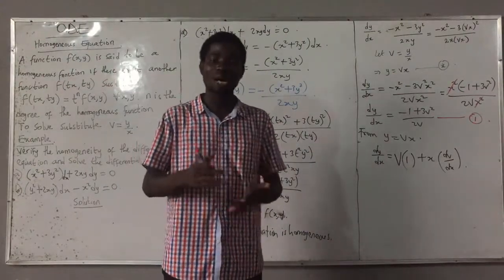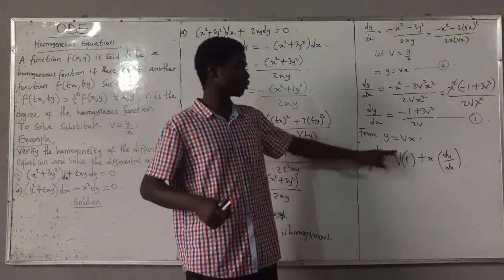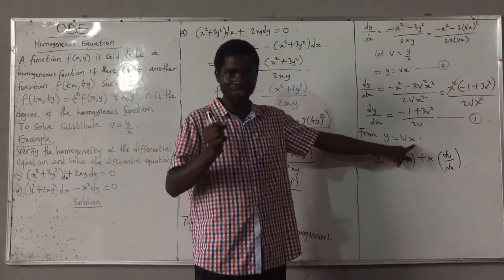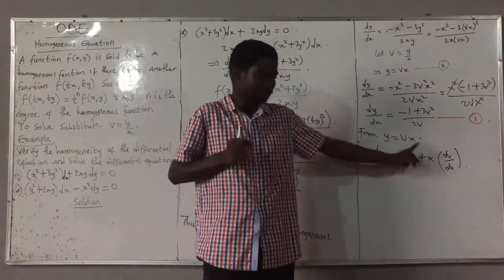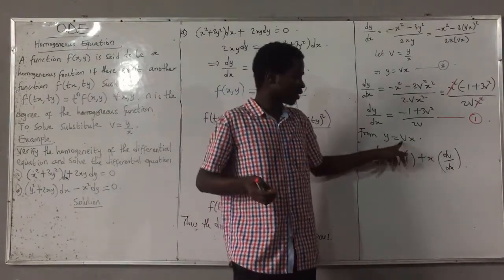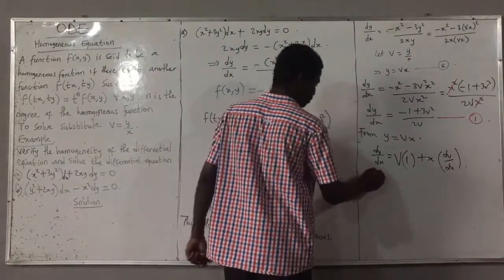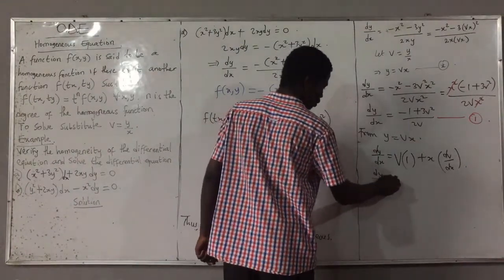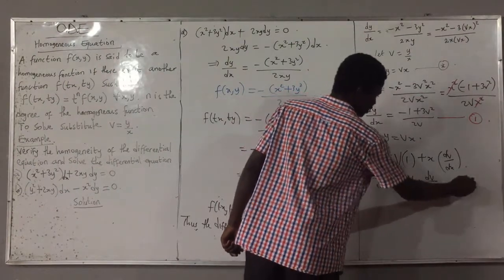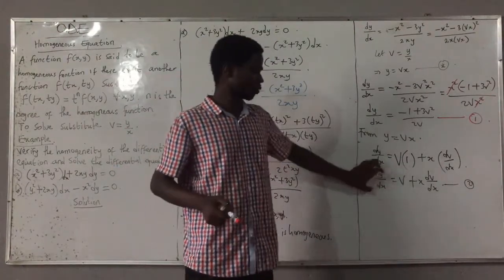If you differentiate v, you have dv/dx. So dy/dx will be equal to v plus x dv/dx. Let's call this one equation 2. The dy/dx equals this, the dy/dx equals this.